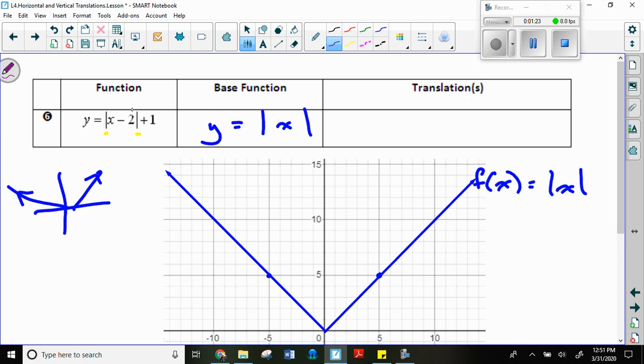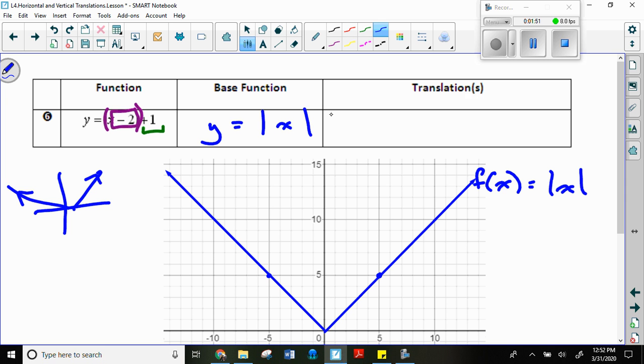Something is happening inside. And with this question, the absolute value sign acts as though it's brackets. So it's like saying that's happening inside the function, and then this is happening outside the function. So we've got both a horizontal and a vertical translation happening to this one.